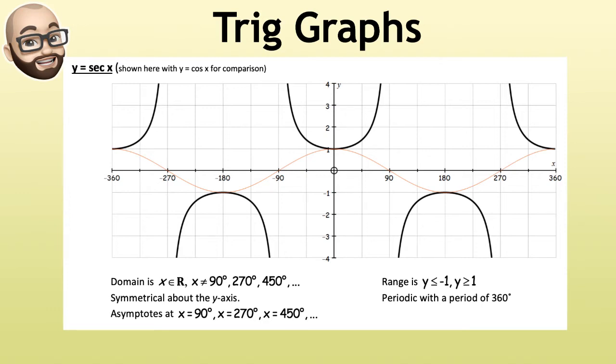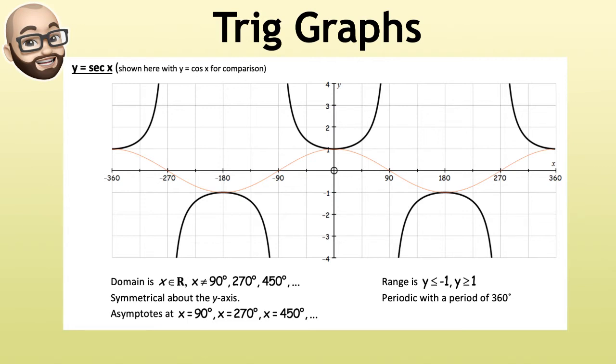So we get these repeated curves. The difference between this type of graph and the cos graph is that this graph is not a continuous curve. Because we have those asymptotes, it has these jumps around the 90 to 270 marks.